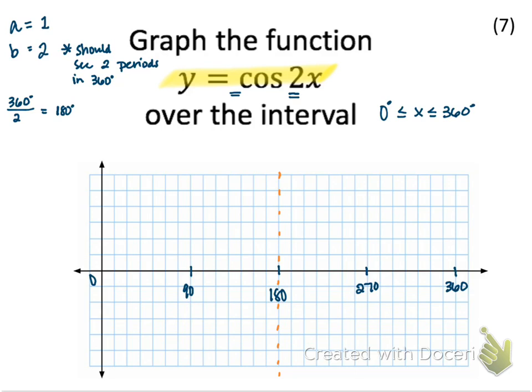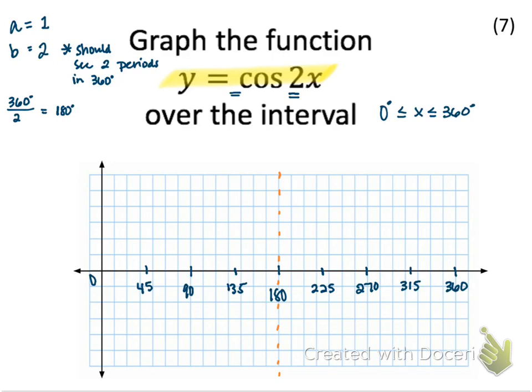So in between 0 and 90 degrees, we're going to see 45 degrees. In between 90 and 180, we're going to see 135. In between 180 and 270, we'll have 225. And then in between 270 and 360, we will have 315 degrees.